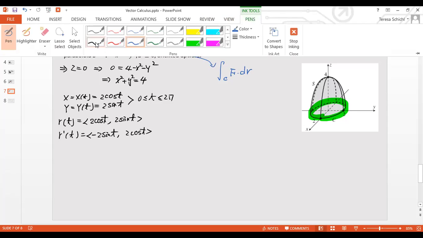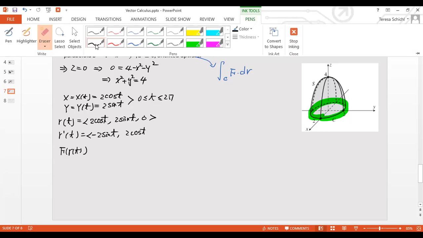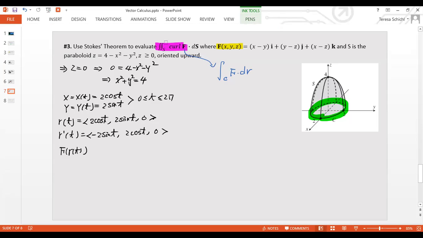Okay, so now let's take a look at F dot dr. First, let's put F of r(t) in there. Because we are in this plane, my z component is 0, right? Because z equals 0. So this is my 0 component here.